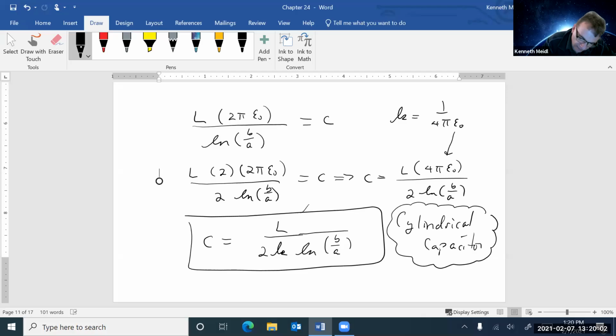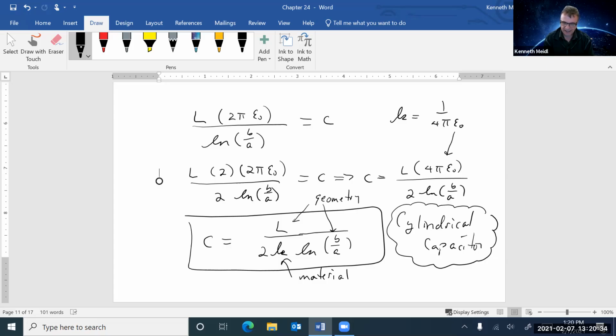Okay, so once again, there's the geometry of the cylinder, right? How long is it, and what are the radii? And so the capacitance always seems to be geometry dependent. And then here is material or no material between the plates. Eventually, we will put some material between the plates here. And so there's considerably more to discuss with capacitors.